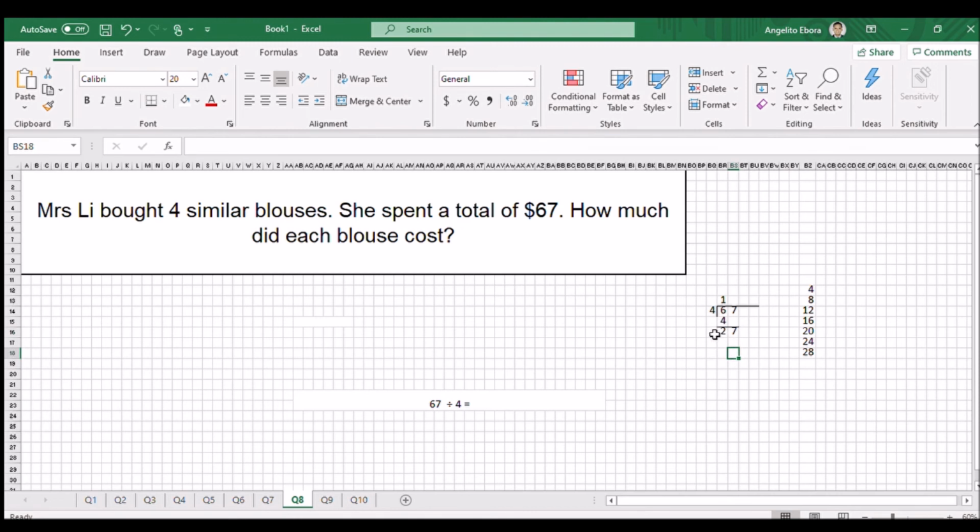Okay, it cannot be more than 27. It can be less than 27. So we'll use 24. So we just need to count 1, 2, 3, 4, 5, 6. So that means 6. And then 24. Okay, so subtract the two numbers, 27 minus 24. The answer is 3.